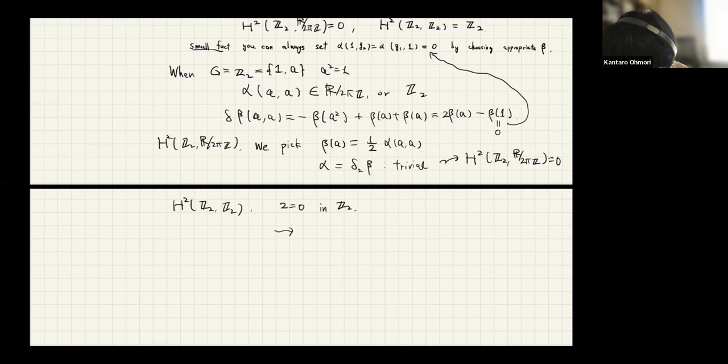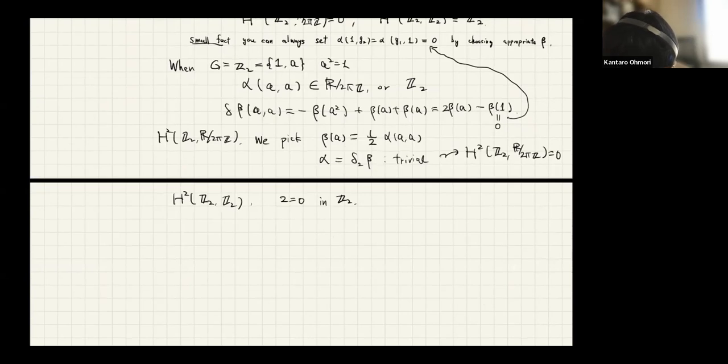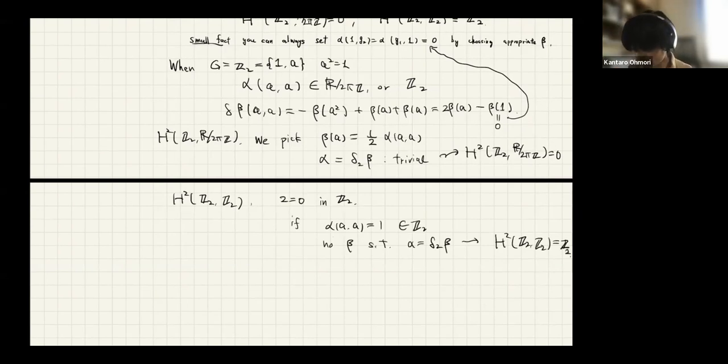So if alpha (a, a) is 1 in Z2, there is no beta such that alpha equals delta 2 beta, and therefore H2 of Z2 valued in Z2 is Z2, generated by this non-trivial alpha.